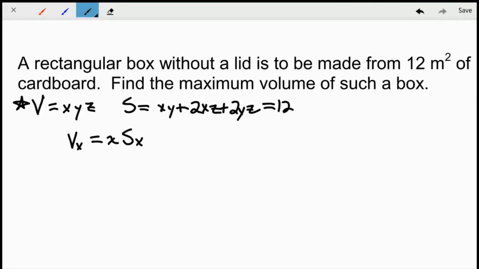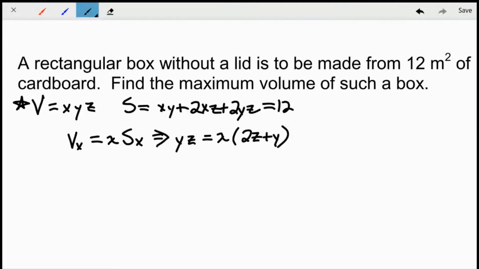If I get those x partials, I'm going to have yz, and that has to be lambda times 2z plus y. Okay, so I have that equation. Notice that I've got y and z and lambda in here.